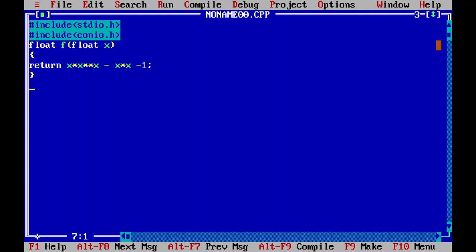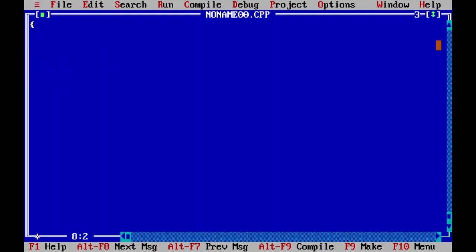Next, void main. Declare float a, b, c, and integers i and n.